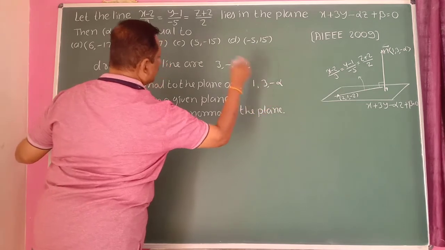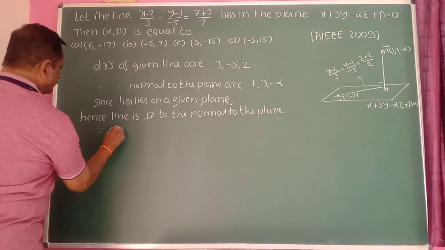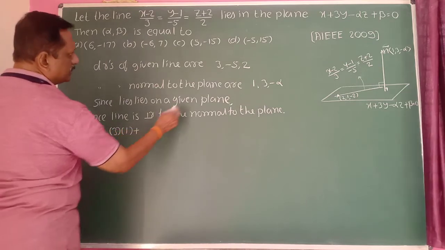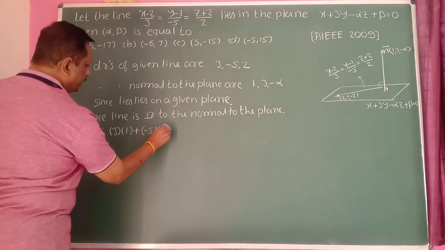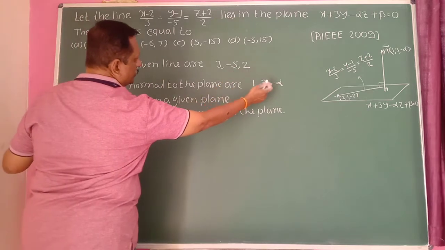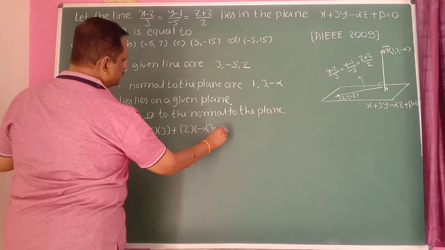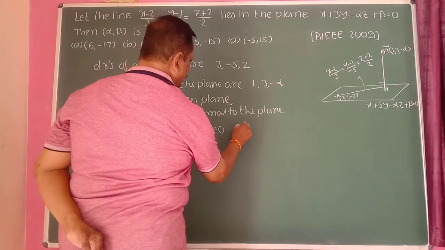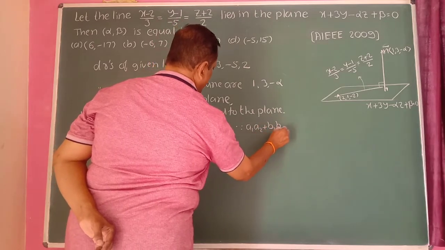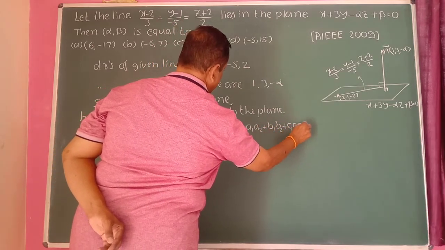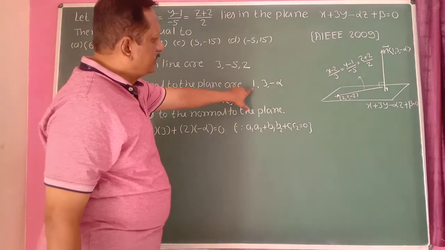Both are perpendicular here. Therefore 3 into 1 plus minus 5 into 3 plus 2 into minus alpha is equal to 0. We are using the formula a1 a2 plus b1 b2 plus c1 c2 is equal to 0, where this is a1 b1 c1 and this is a2 b2 c2.